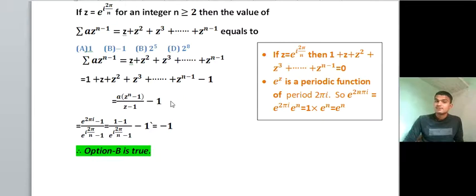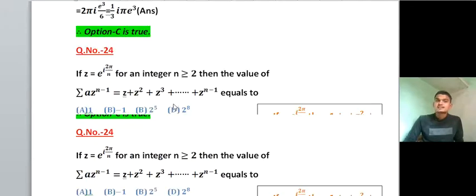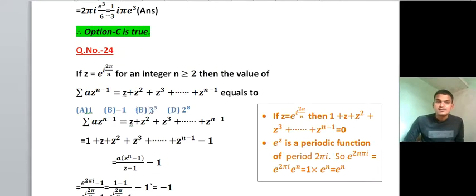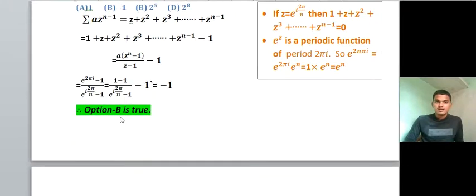There was a minus 1, so the answer is minus 1. Minus 1 is at option B, so option B is true.